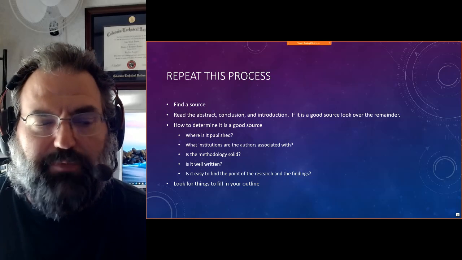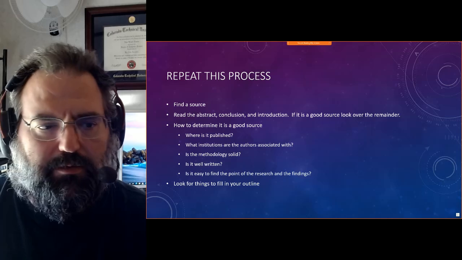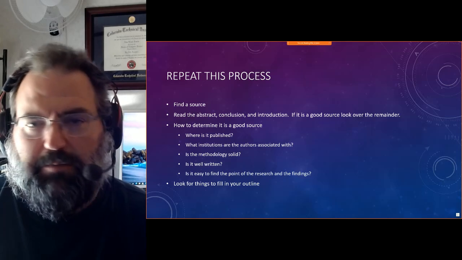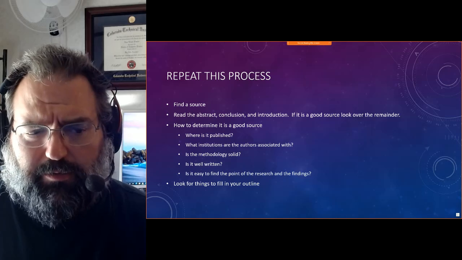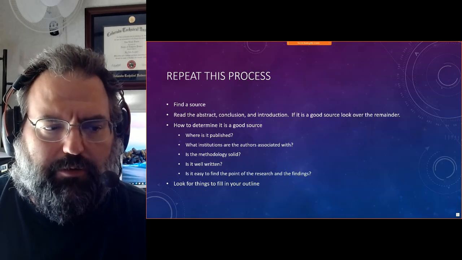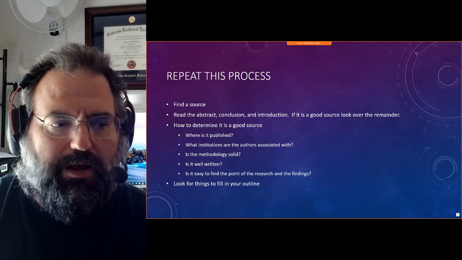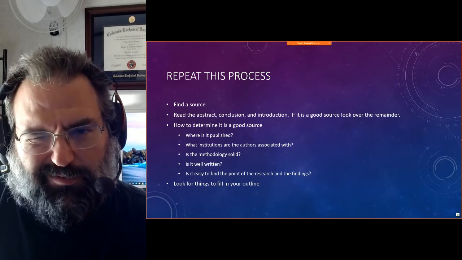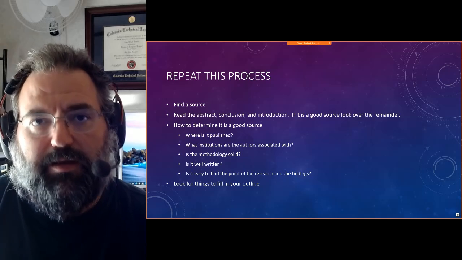After you've done that, I generally go and take a look at the conclusion, and also potentially the introduction, in either order. Rarely do I read the entire paper. Generally speaking, the way papers are structured is, if it's a well-written one, you start off with an abstract, then an introduction, then usually some form of literature review where they talk about things that have been done in that field.